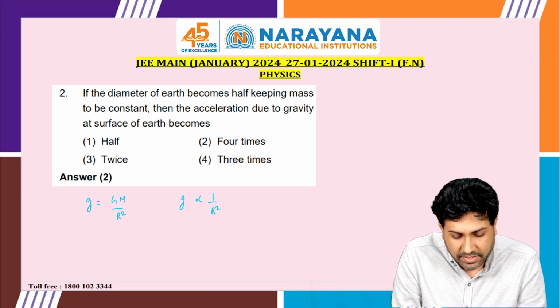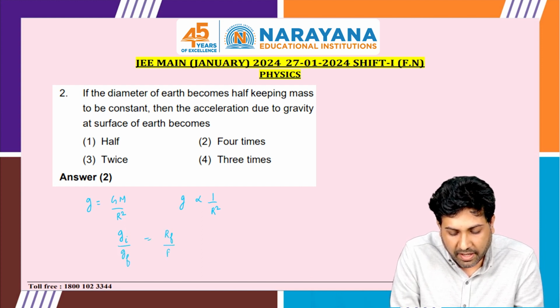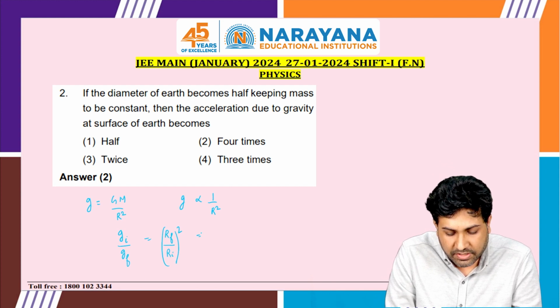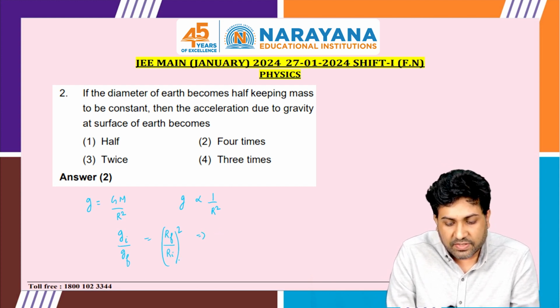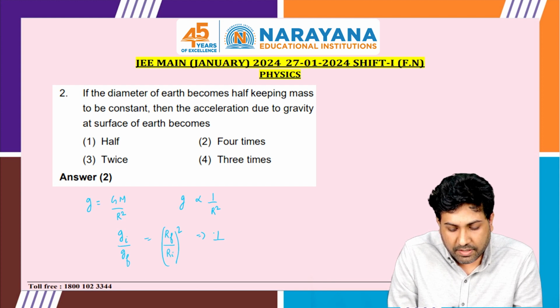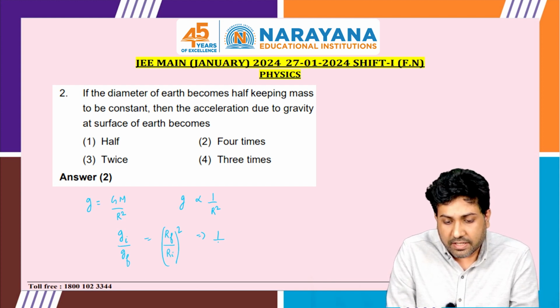So I will just write g initial by g final is equal to r final by r initial whole square. So what will I get here? G initial by G final is equal to, because they have said that the radius has become half, final radius is half the initial radius.